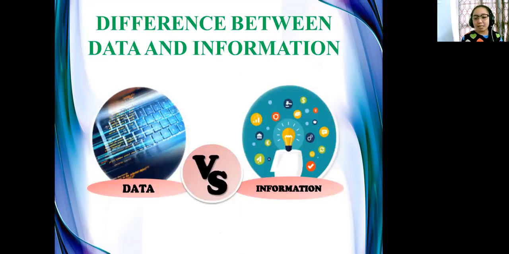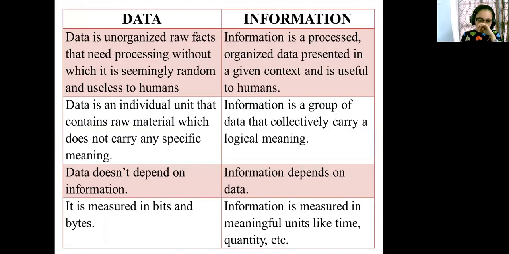Now, to better understand data and information, here are the differences between the two. Data, it says here, is organized raw facts that need processing, without which it is seemingly random and useless to humans.